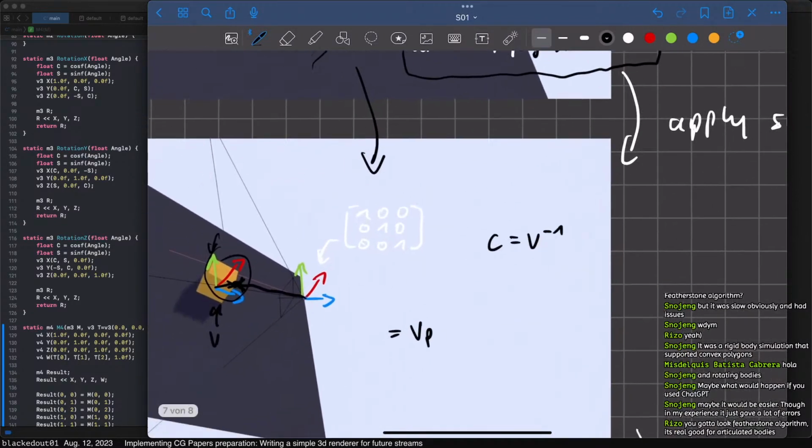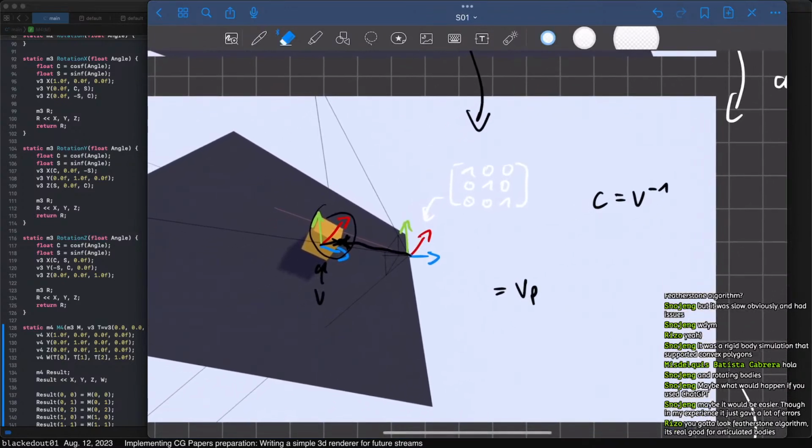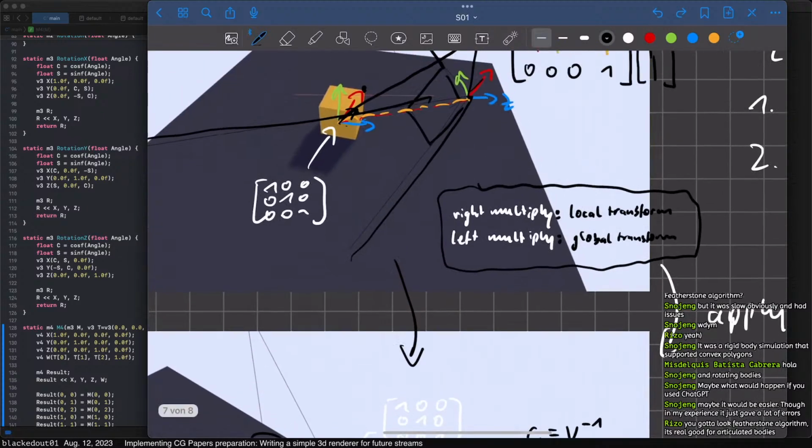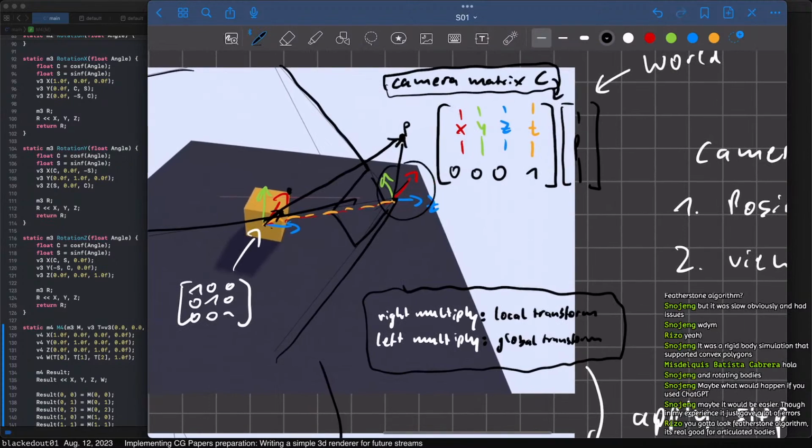Working with the view matrix, which is this coordinate system here, is not very intuitive, I think. It's again just a coordinate system relative to this coordinate system, but I think it's much more intuitive to work with the camera system.